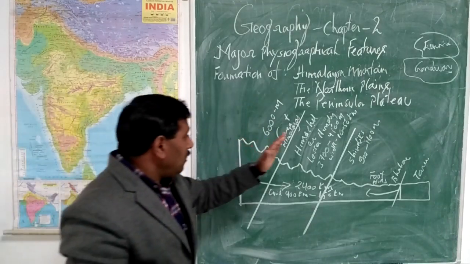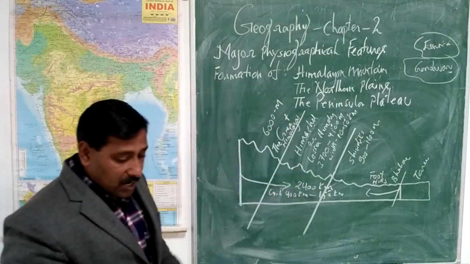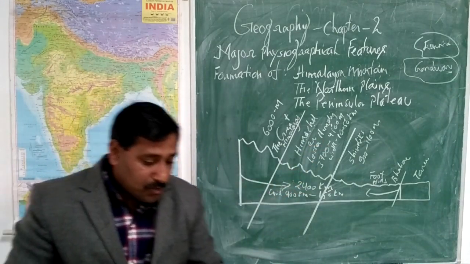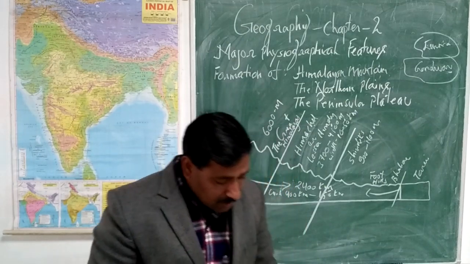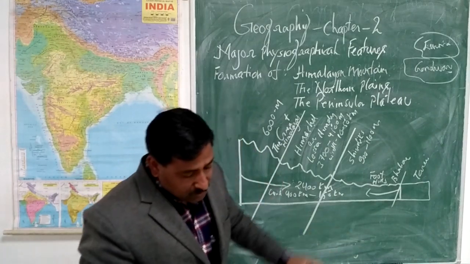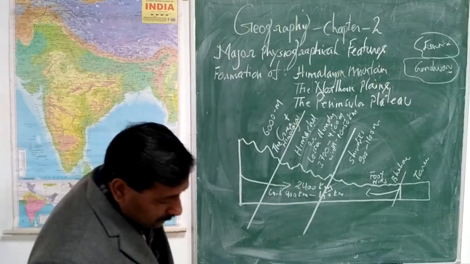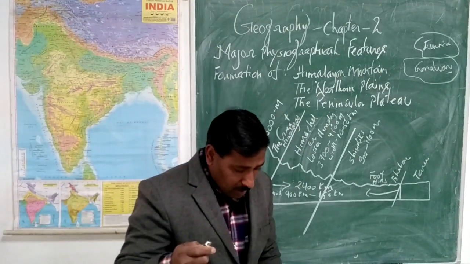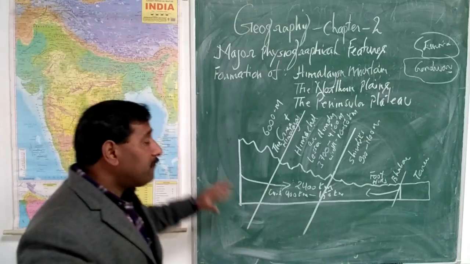Then we come to the Himachal or Lesser Himalayas. As I have discussed, it ranges between 3000 to 4000 meters, and some of the important places in these ranges, which are very prominent, are the famous valleys: the Kashmir Valley, then the Kullu Valley of Himachal Pradesh, then the other hill stations which are very famous.